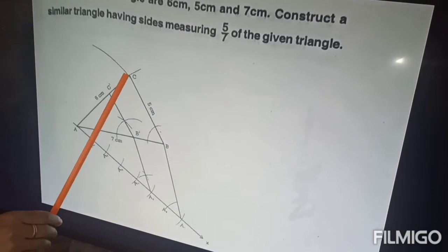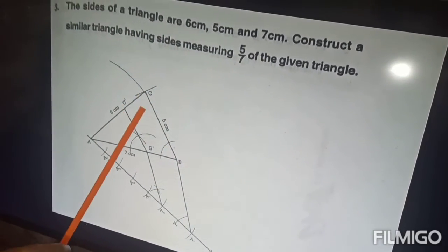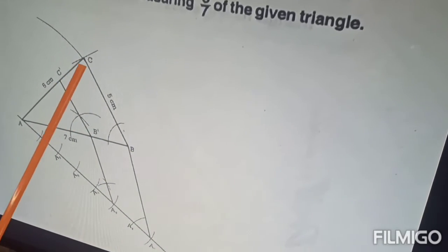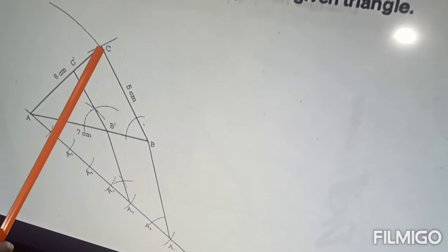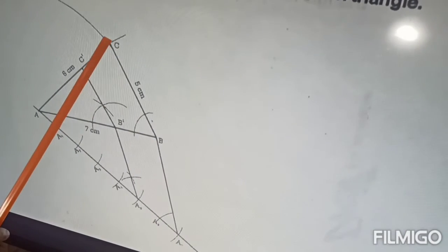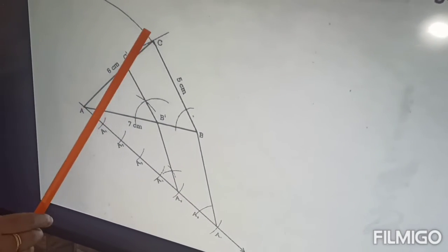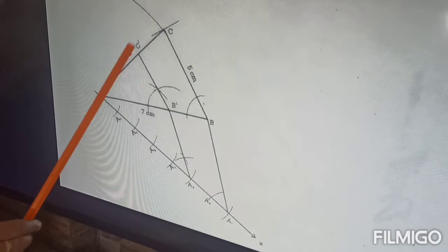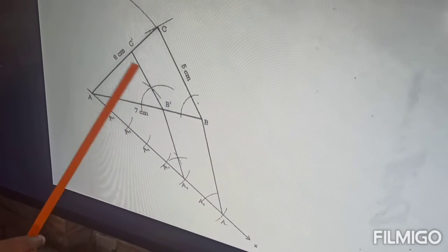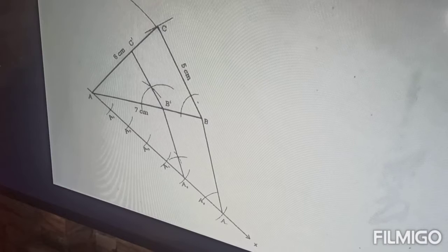Okay. Both the arcs, from A 6 centimeter and from B 5 centimeter, intersect at a point. Name that point C. We got triangle ABC with the given measurements 7 centimeter, 6 centimeter, 5 centimeter.